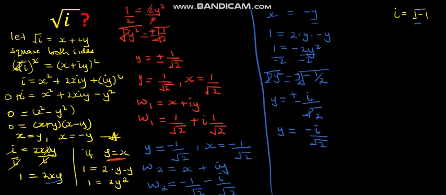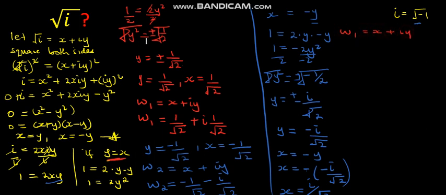Is that okay? And we say that x is equal to negative y. So x is equal to negative y. So x is equal to negative of negative i out of root 2. Is that okay? This negative and that one will cancel, and we shall have x is equal to i out of root 2. Is that okay? So we shall proceed by finding w1, and w1 we say that it is x plus iy.